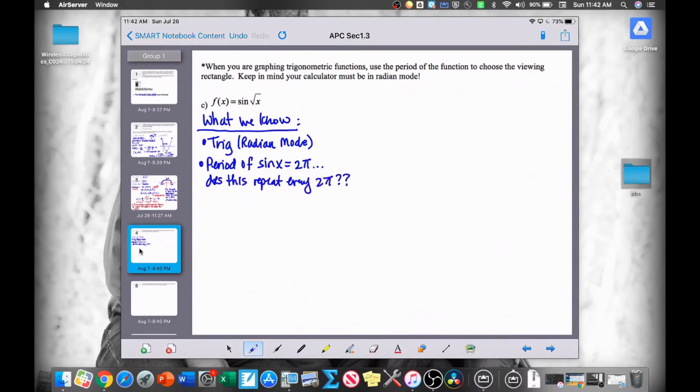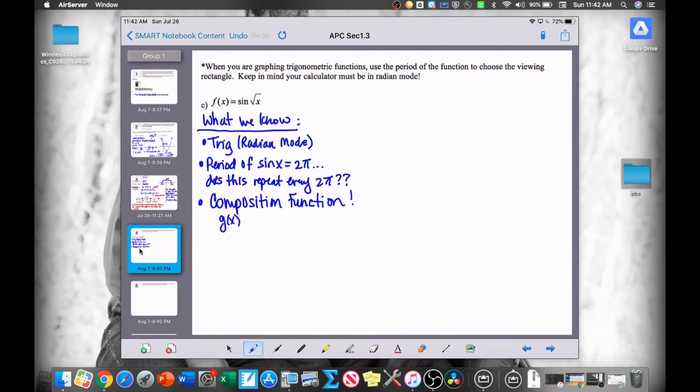Don't know yet, right? We also know that we have a composition function. And I don't know if you recall from our notes on functions the other day, but I did tell you composition functions behave strangely.